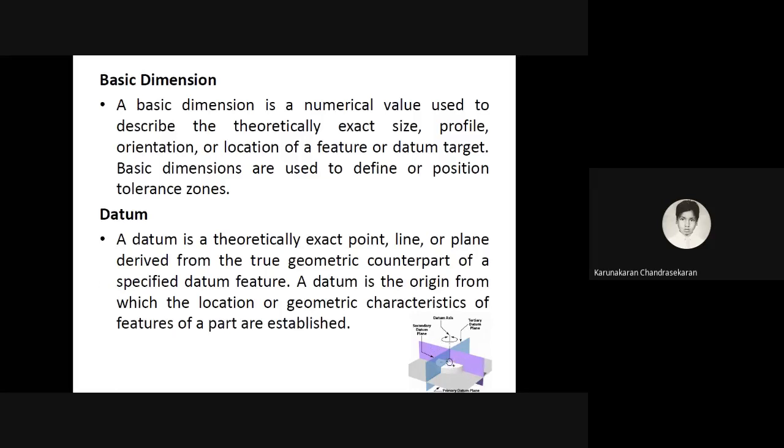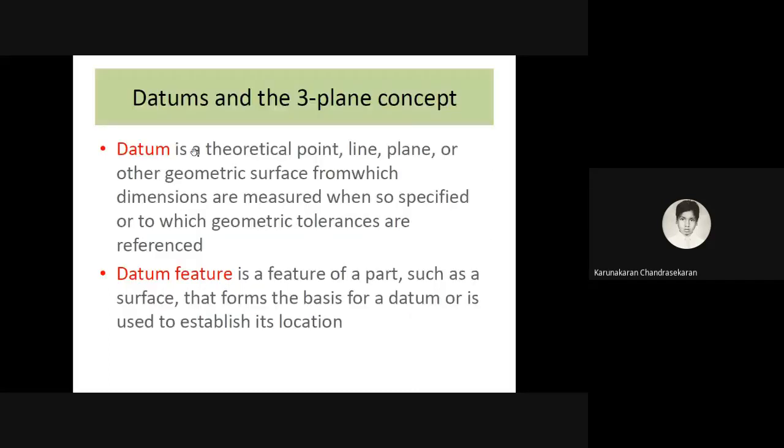And the intersection of the secondary datum and third datum is its datum axis. So likewise, we can mention the center point of this particular hole. So that is called datum referencing. So datum is clear and basic dimension is clear. Basic dimension we have already seen. Okay.